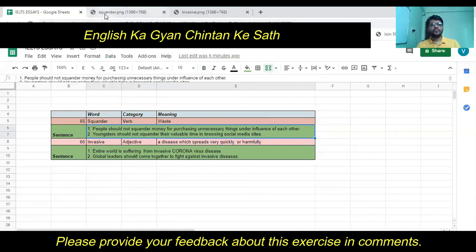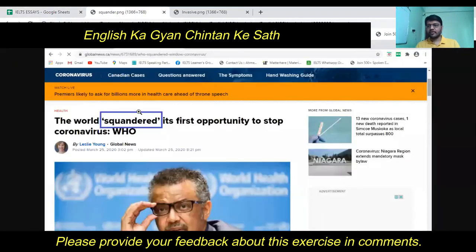Now let me show you an article in which the word squander has been used. There was a statement given by the WHO, and the statement was something like this: the world squandered first opportunity to stop coronavirus.